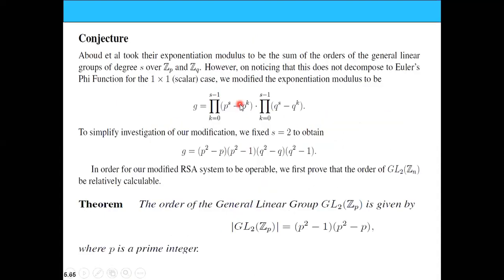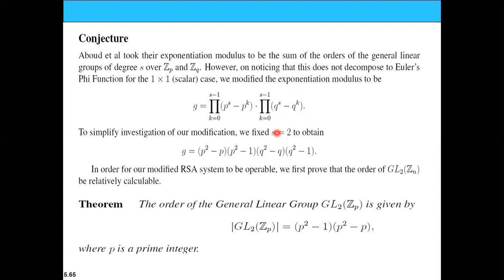If we have the general linear groups over Zp and Zq, their order is like this. The order of the general linear group over Zn can be decomposed into a product of the order of the general linear group over Zp and the order of the general linear group over Zq.